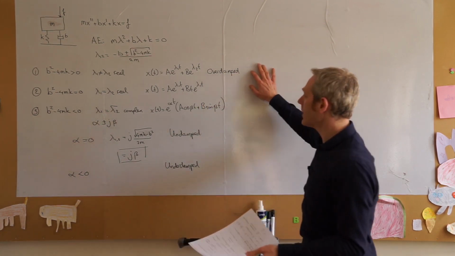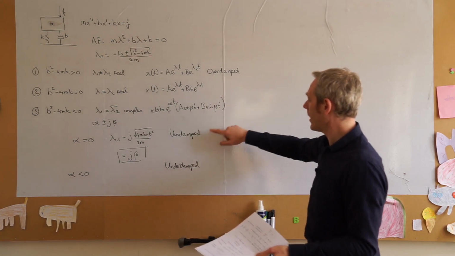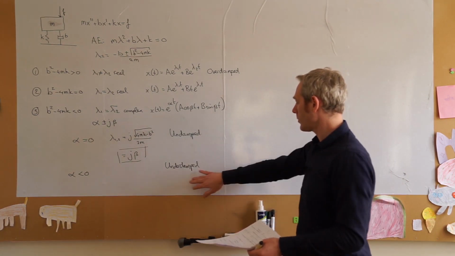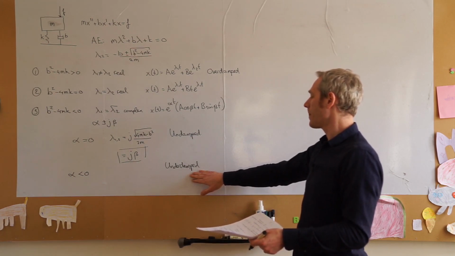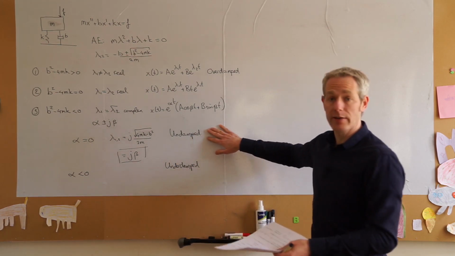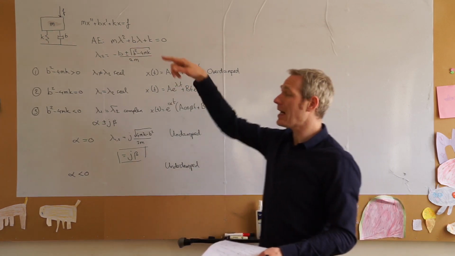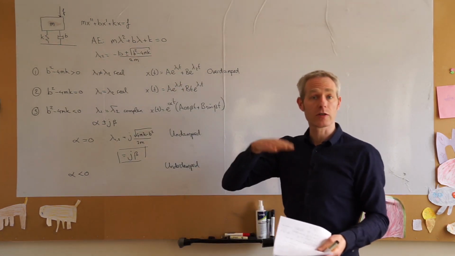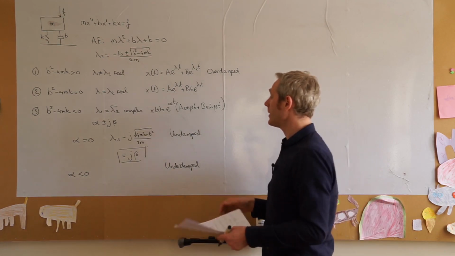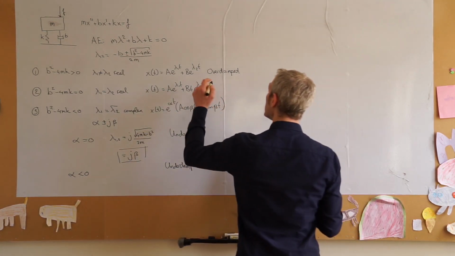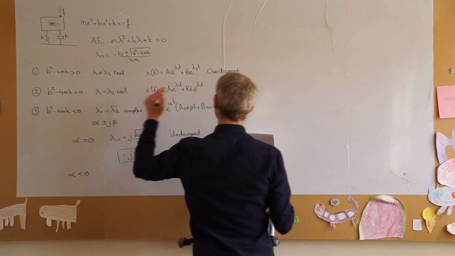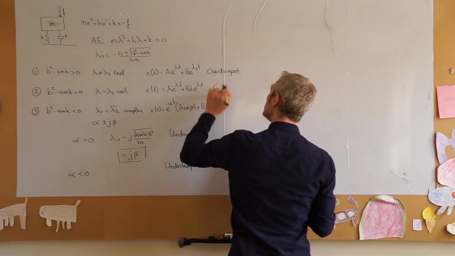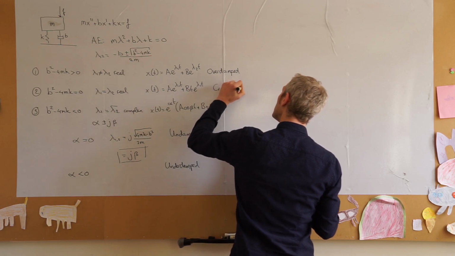So we have an overdamped system, we have an underdamped system, and we have an undamped system which is just a mass on the spring, and as there is no resistance or friction, it will just oscillate with the same amplitude indefinitely. And we have one other case where this is equal to 0, and that is called critically damped.